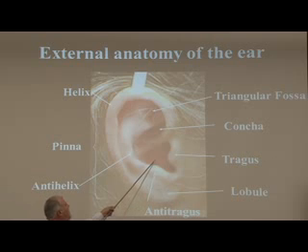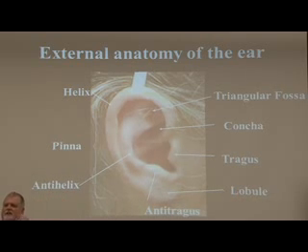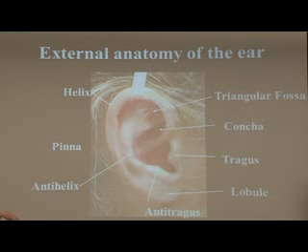So we have a hole in our skull through which the air enters, so the sound waves enter. That hole in our skull is the external auditory meatus. Your external ear is associated with your external auditory meatus because it's a funnel to funnel sound waves in.